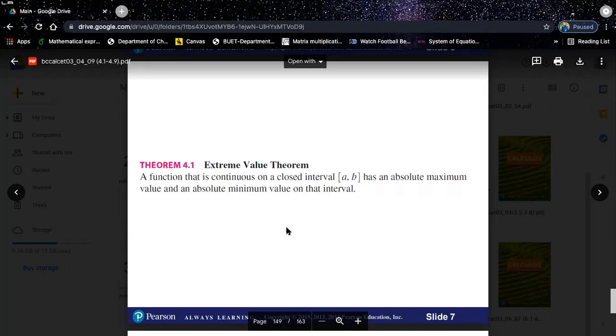It doesn't necessarily mean that it has to include the endpoints all the time. It could include either of the endpoints, or even neither. So if it includes both the endpoints, then we call it a closed interval.